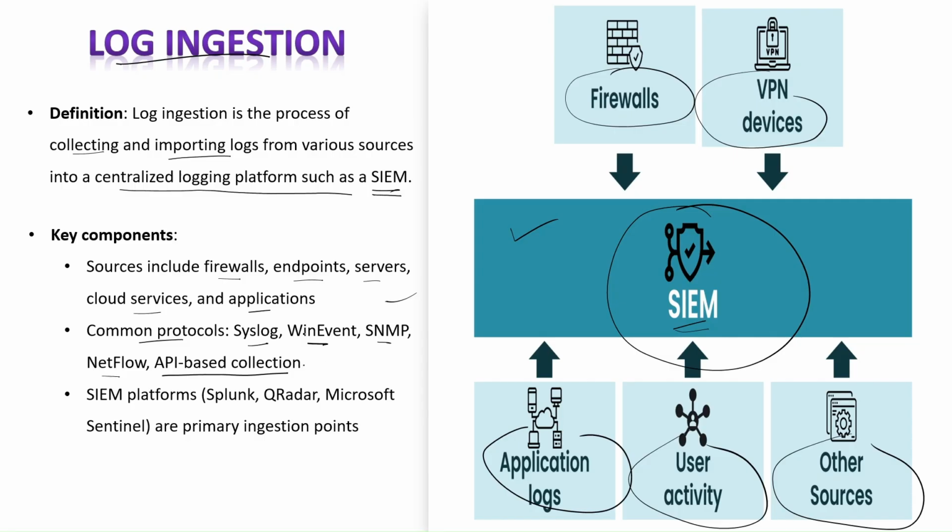These are the different protocols used by different devices. For example, a network device may use the NetFlow protocol for its communication with the SIEM solution to send its logs. A Microsoft Windows Server may use WinEvent. Each device and application uses a specific type of protocol.